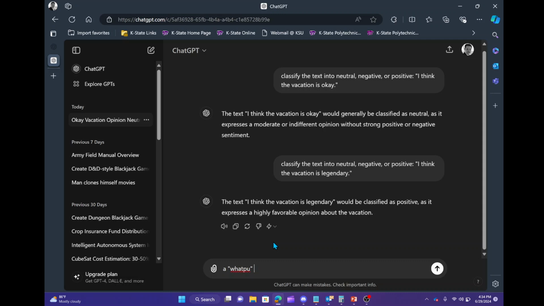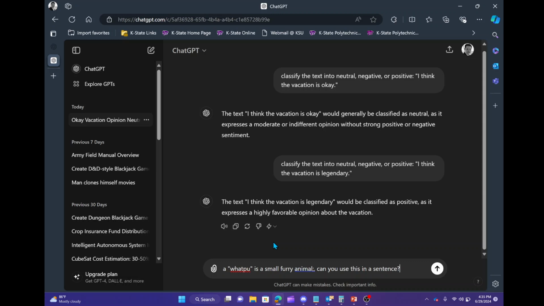And then we're going to create the context for this: is a small furry animal, and can you use this in a sentence?